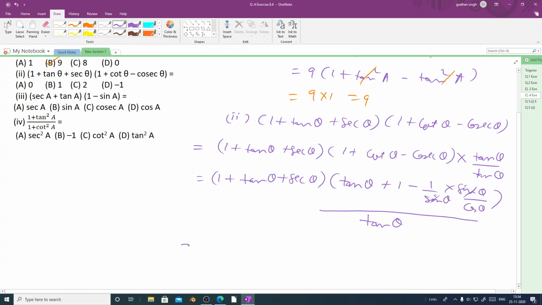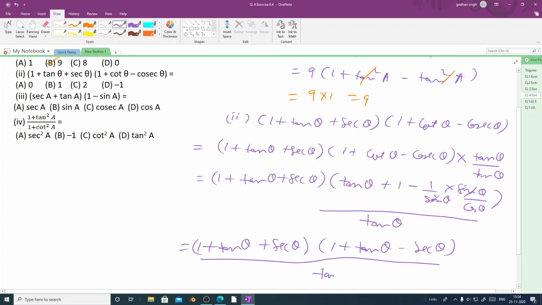The next step will be getting 1 plus tan theta plus sec theta multiplied by, this will be given as 1 plus tan theta, and here we'll be getting minus 1 by cos is sec theta, so minus sec theta, the whole divided by tan theta.